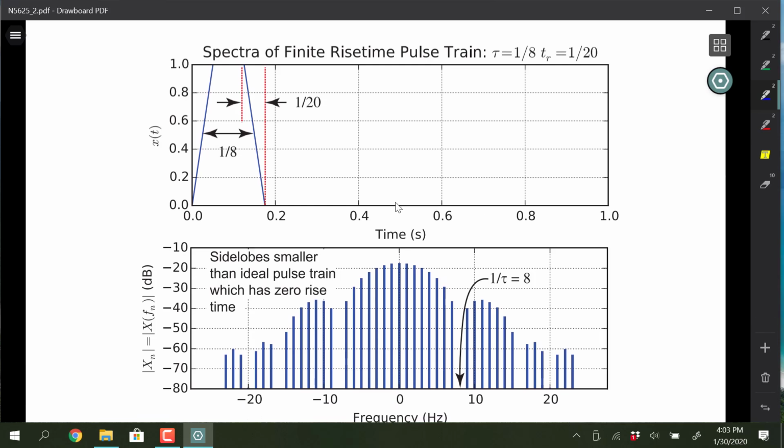I said the average pulse width of this thing is 1/8 in normalized time, where the period is 1 second. So it's a duty cycle of about 1/8 on average. And then I said that the rise and fall time is 1/20th of the period.